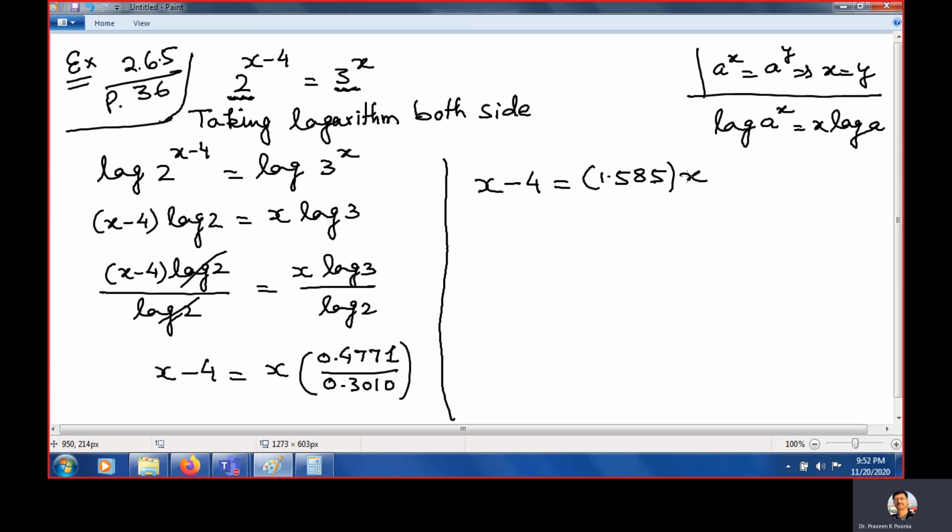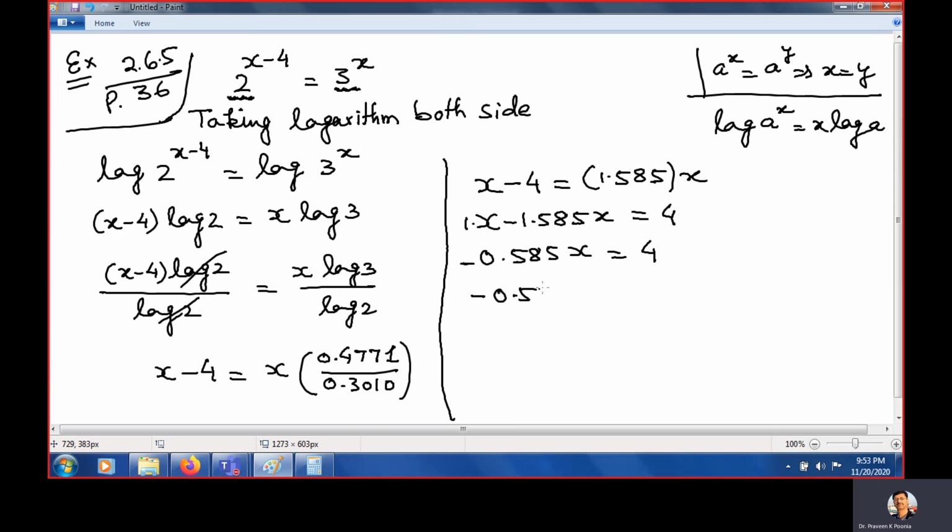So x minus 4 is equal to 1.585 x. Now this is a simple linear equation in x. So x minus 1.585 x is equal to minus 4 will be raised to this side, it will be plus 4. If you subtract it, you will get minus 0.585 x equal to 4, with a negative sign here because this is 1 into x and this is 1.585 into x. So negative number.